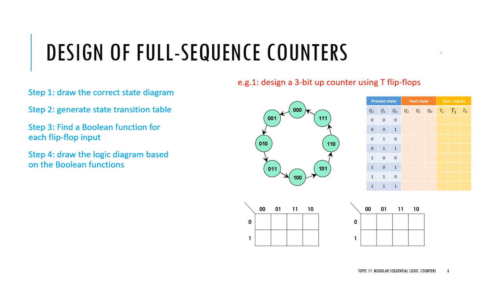Now let's see how we can design a synchronous counter. Let's start with the full sequence counter, the easiest case. Step 1, find the correct state diagram. You need to understand how the counter works. Then we generate the state transition table, where we translate the counting sequence into the input and output values for the flip-flops.